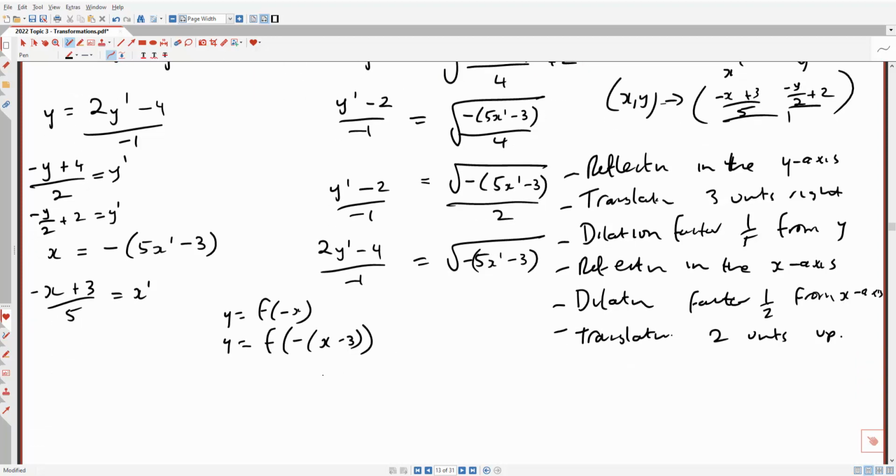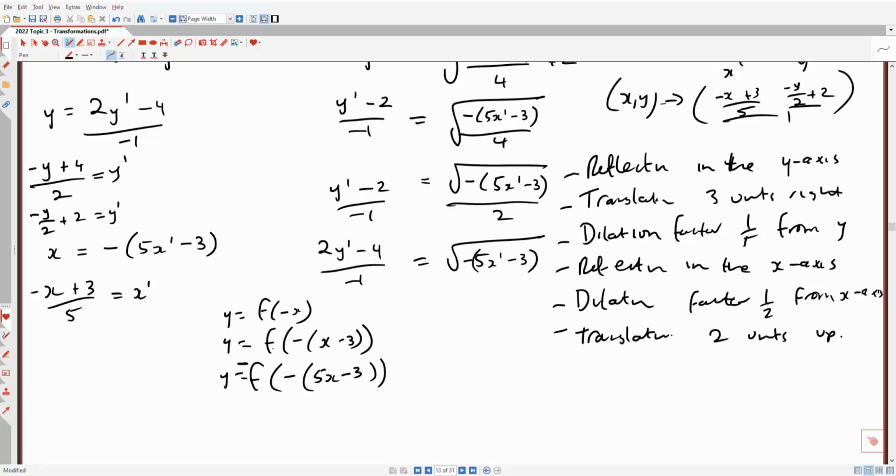Alrighty, what's next? We've got a dilation factor 1/5 from y, which means that every time we see an x over here, we jam in 5x. That's how we do a dilation factor 1/5 from y. So it's going to be y equals f of negative (5x - 3). I see x, replace it with 5x. Then we reflect in the x-axis. That's easy, that's just a negative out the front.